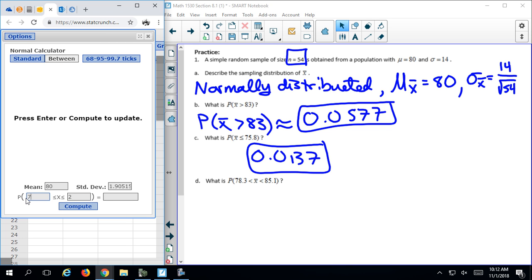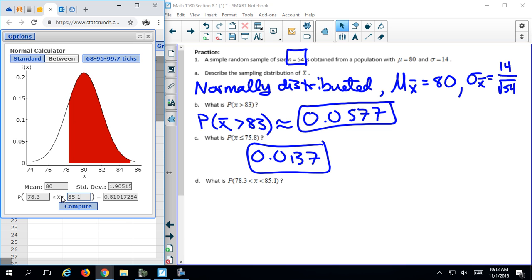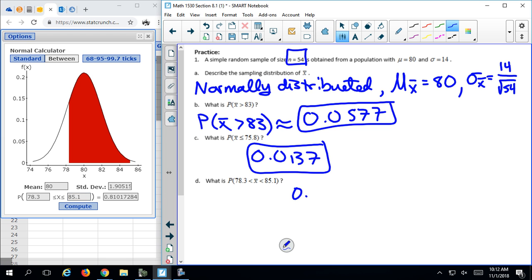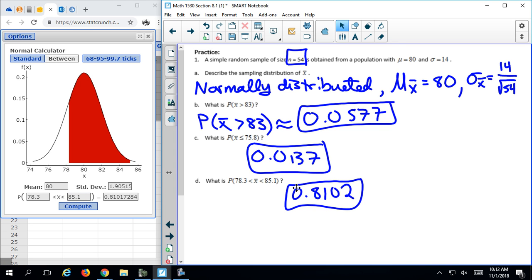And again, it's just like all the other problems we did. We just had to change the standard deviation. So 0.8102. To 4 decimals.